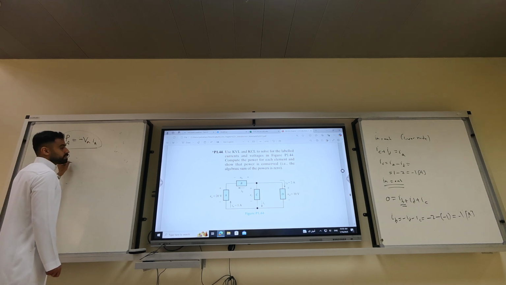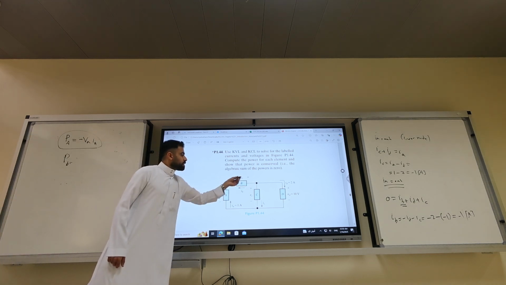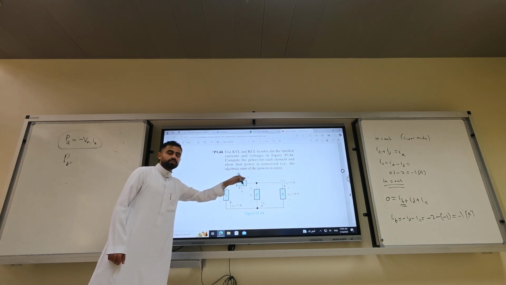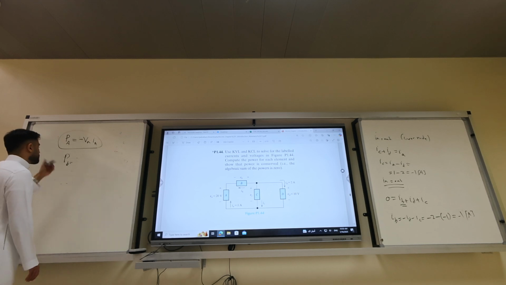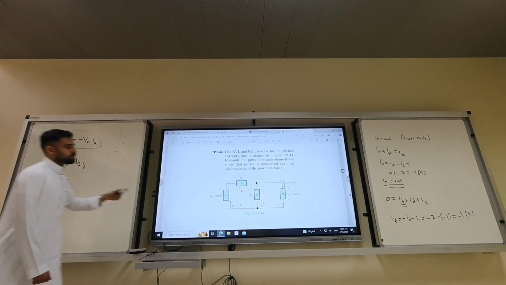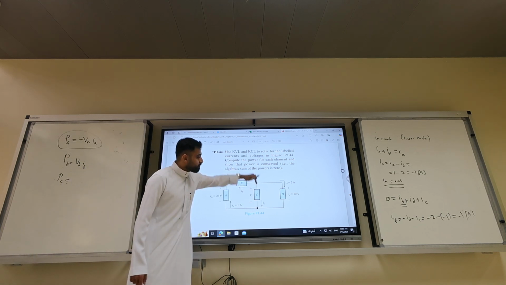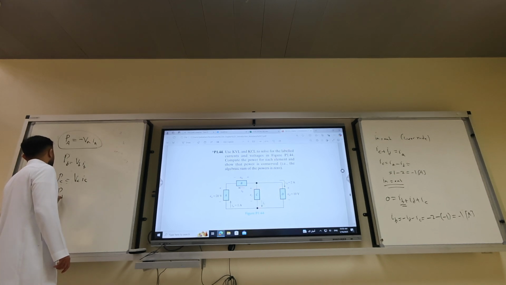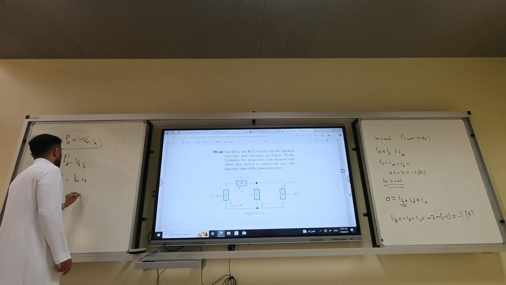What is PB? What option is that? It enters from the positive and it's positive, so that's option 2, or option 1: VB, IB. What is the power of C? Enters from the positive: VC, IC. What is the power of D? VD, ID.